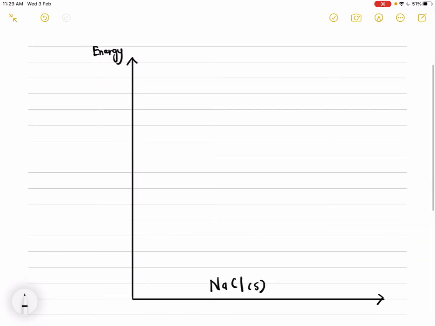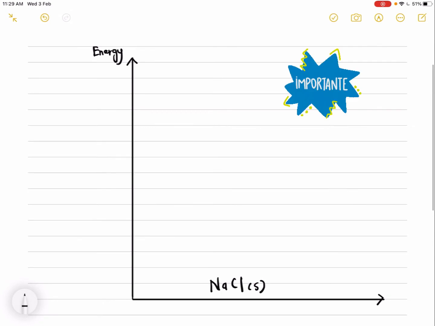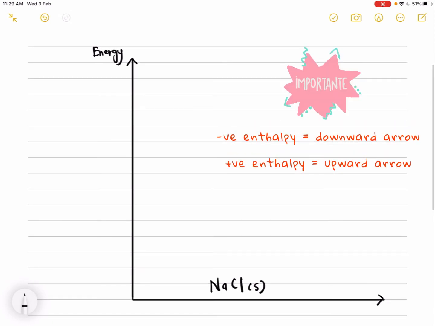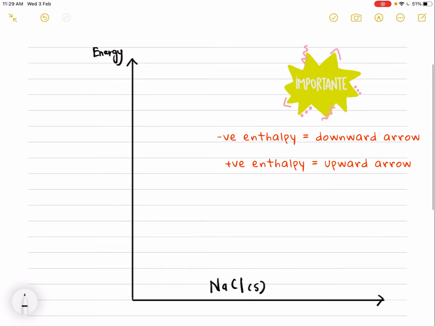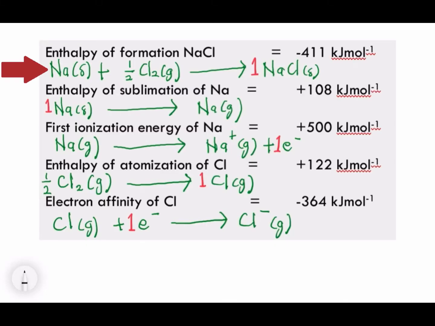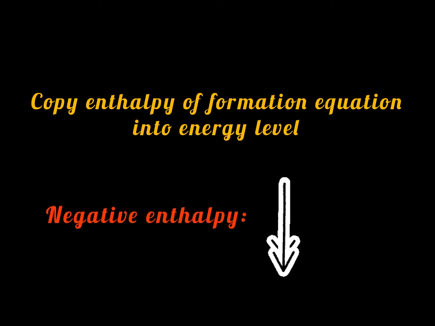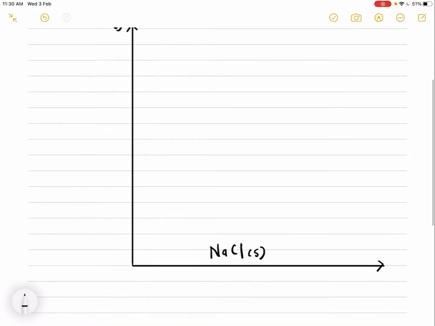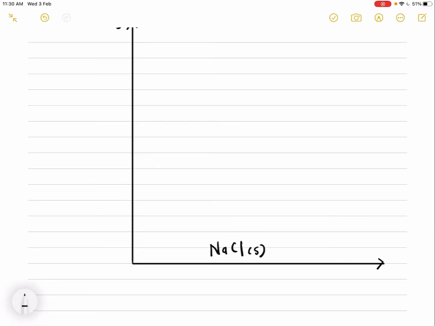So in the energy level diagram of the Born-Haber cycle, enthalpy values that are negative will be drawn as pointing downwards. And for positive enthalpy, we will use an arrow pointing upwards. So, according to the equation just now, in order to form NaCl solid, this solid will be formed from its elements.